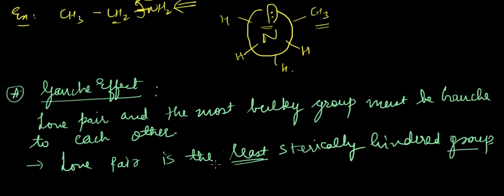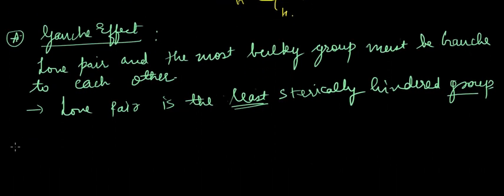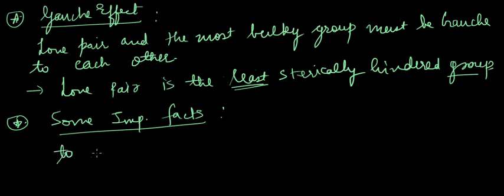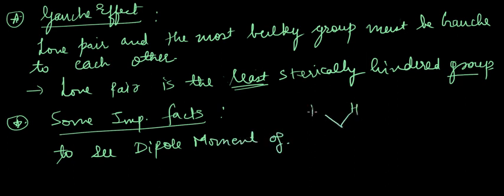Okay, so let us see some important facts. To see the dipole moment of this compound, 1,2-dichloroethane, if conformers are possible, then by rotating it, a dipole is possible in the gauche form.